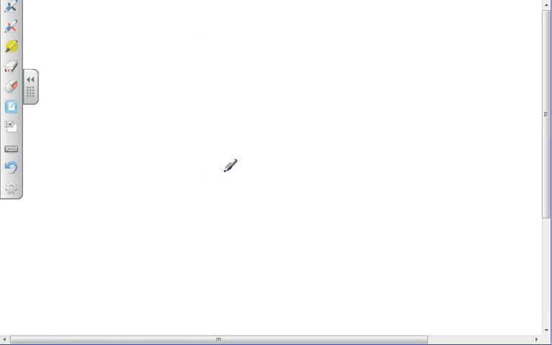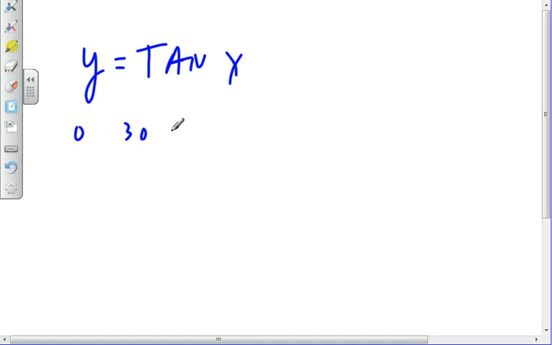All right, so now the issue is we want to do a tangent function. Okay, so y is equal to tangent x. We remember our thing where we had 0 and 30 and 60 and 45 degrees and 90 degrees. And we remember that the tangent function was 0 there, infinite here, 1 there, the square root of 3 here.